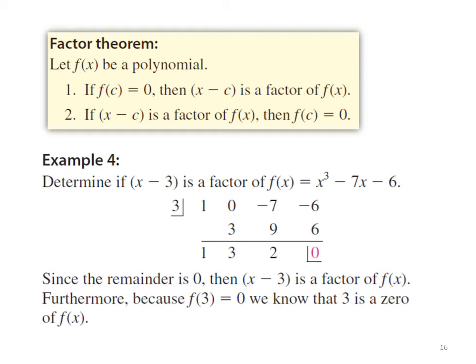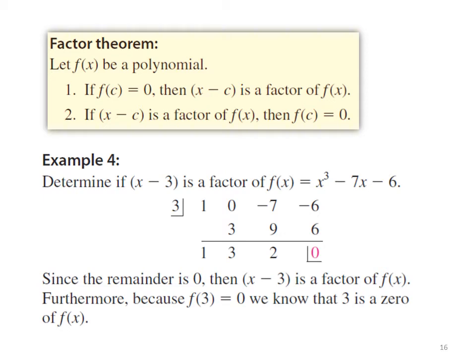Here is an example. We can verify that x minus 3 is a factor of x cubed minus 7x minus 6. And you can verify this in two ways. Either show that f of 3 equals 0, and therefore by the factor theorem, if f of 3 equals 0, then x minus 3 will be a factor.